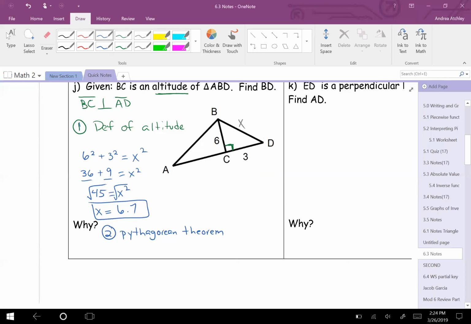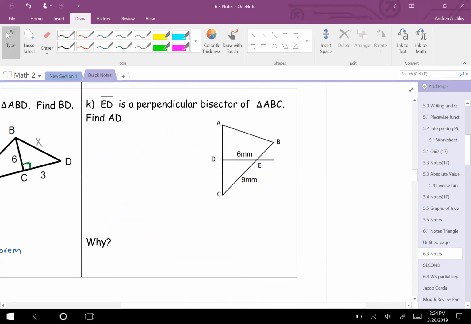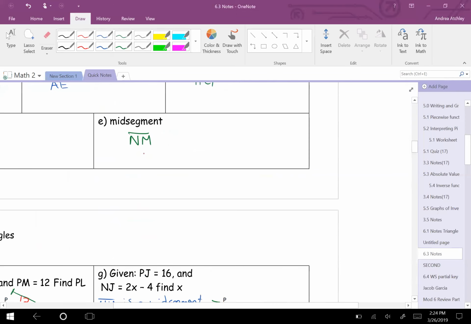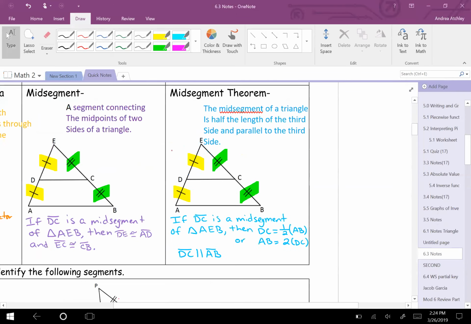Okay, next one, last one. ED is the perpendicular bisector of triangle ABC. Find AD. So I'm going to go back up and figure out what a perpendicular bisector is.